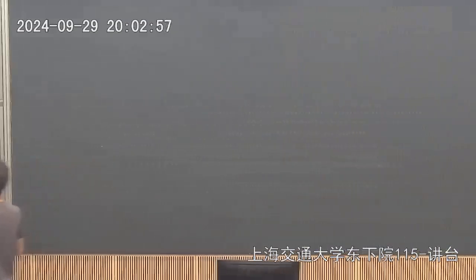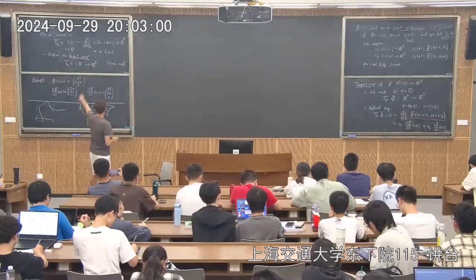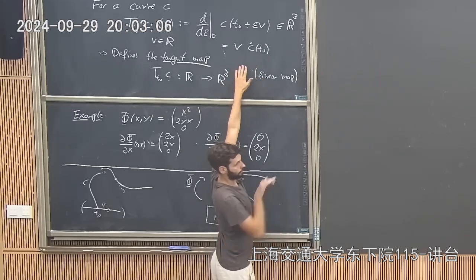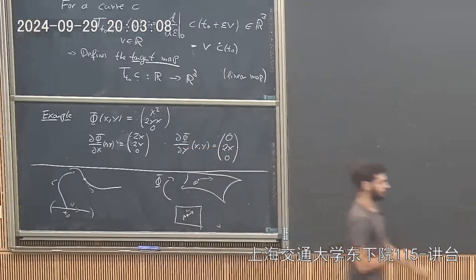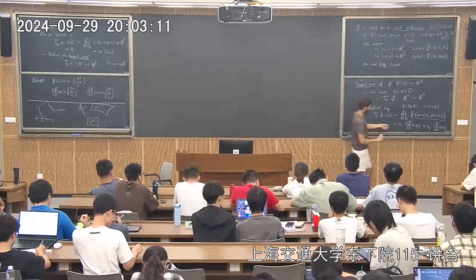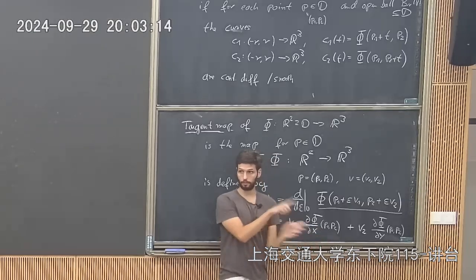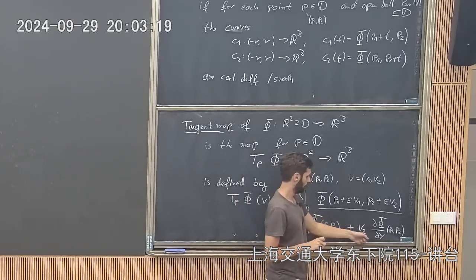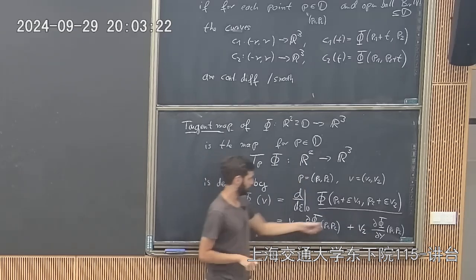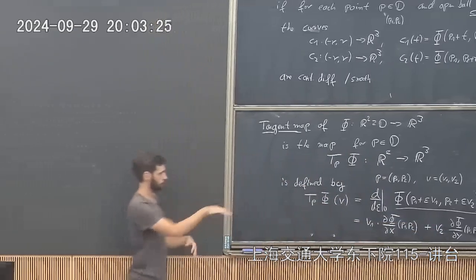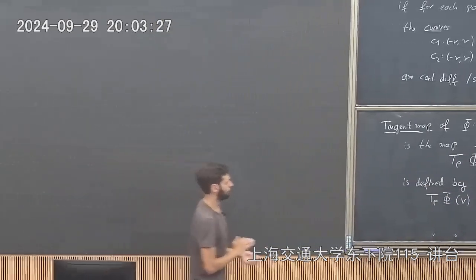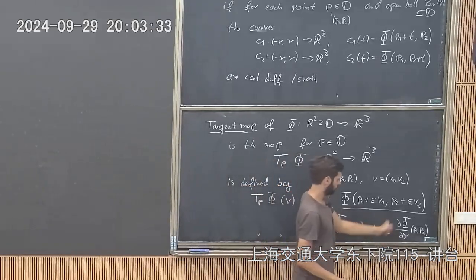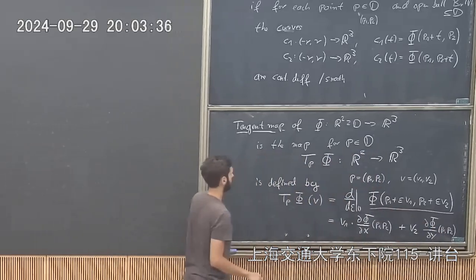So this formula that I wrote now is very similar to this formula here, where we have V times the tangent map of the derivative. Just that this formula gets a bit more complicated because now we have 2 directions in that we can change. There's a certain amount that we change in the x direction and a certain amount in the y direction, and that's given by the V1 and the V2, and then we get contributions in both of these directions. And what you can see is that it's V1 times a certain expression plus V2 times a certain expression.